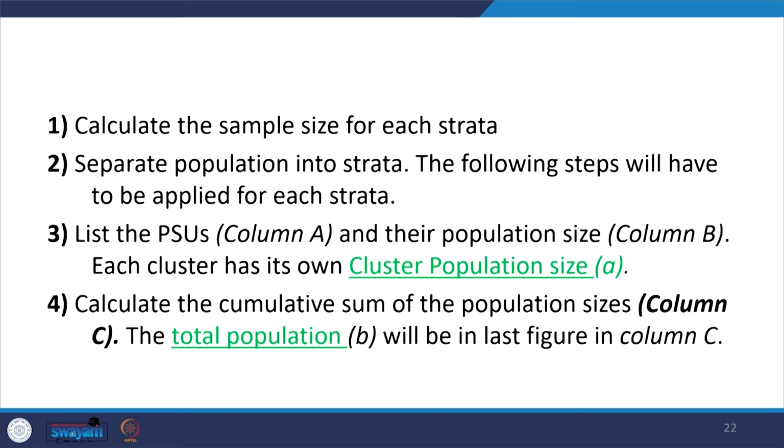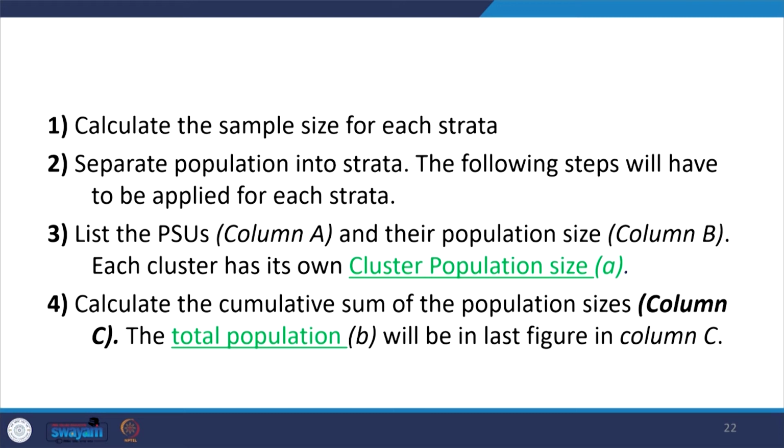Each cluster has its own population size, cluster-wise we can calculate. Then you calculate the cumulative sum of the population sizes. First we need to put them in order, ascending or descending, then we make the cumulative population.